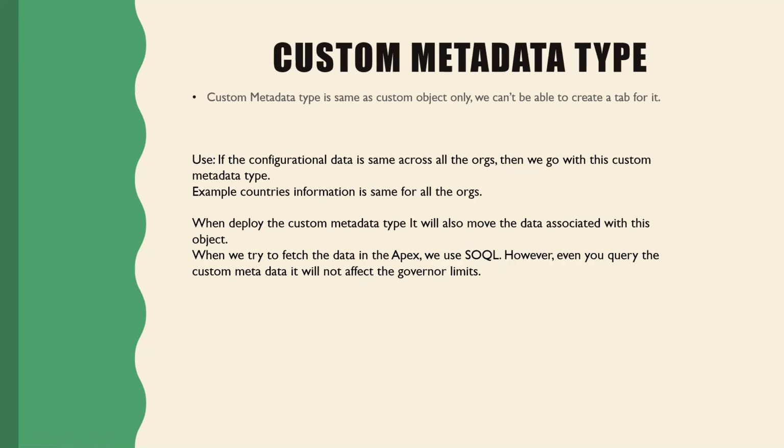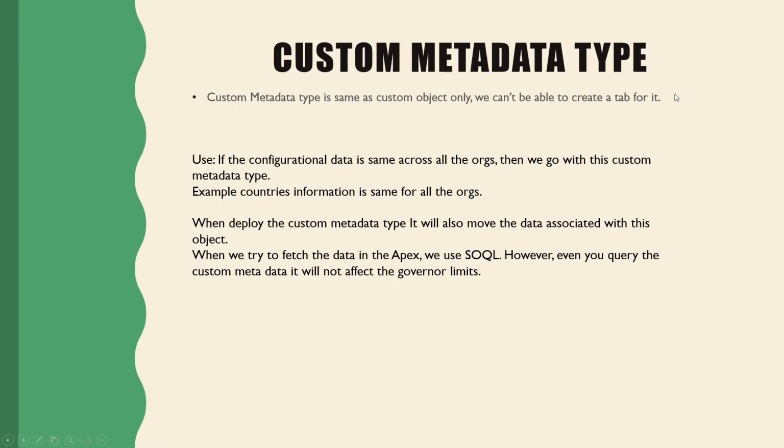We were going through that batch example, and Sri showed the other day that it was not affecting the governor limits. I tested it practically through a future callout, and it didn't hit the governor limit even though I used the SOQL query in the class. So these are the main points related to custom settings versus custom metadata type.